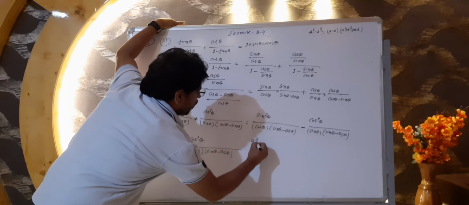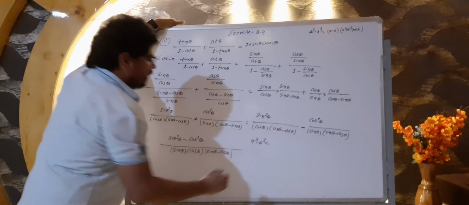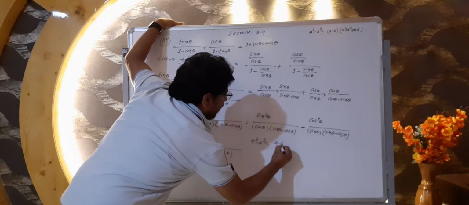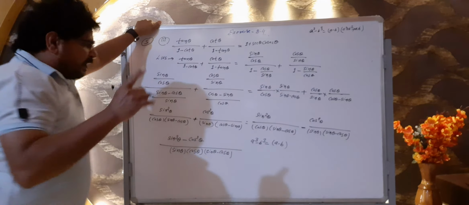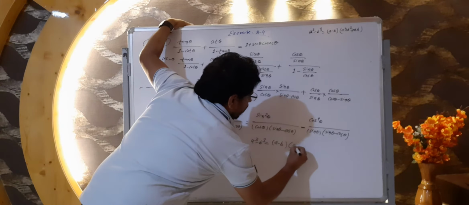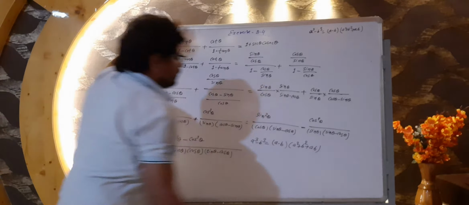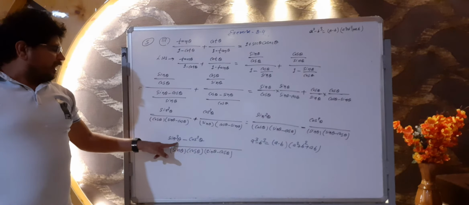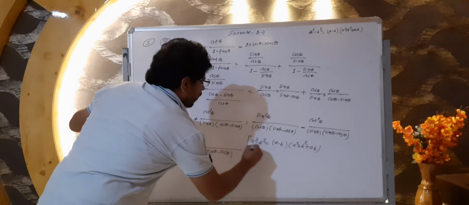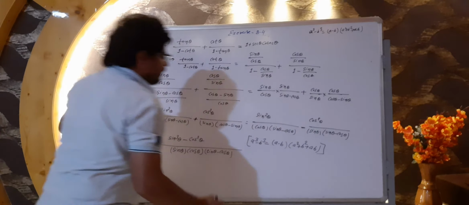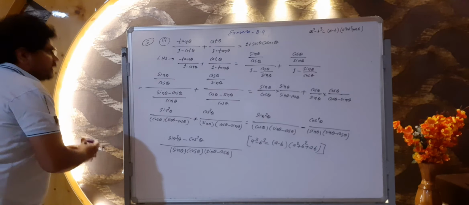A cube minus b cube is equal to a minus b times a square plus b square plus ab. This is the formula of a cube minus b cube. Now we will apply this formula. There is no place here, so I am erasing and will apply it here. Okay, see.